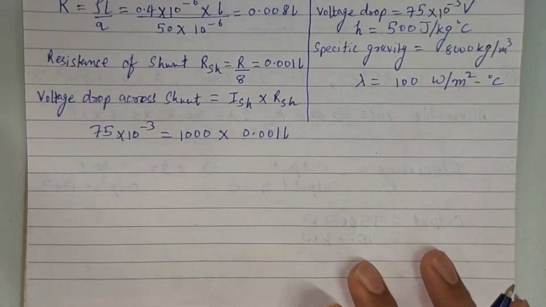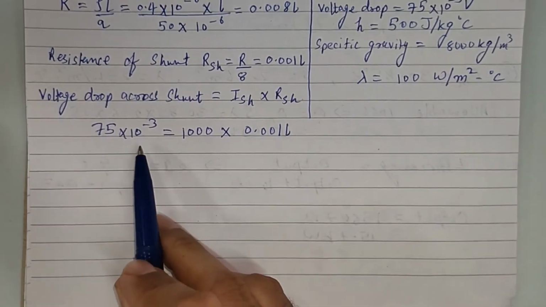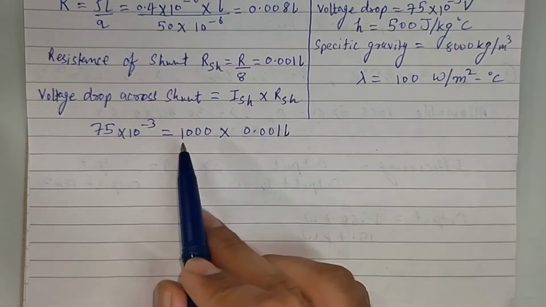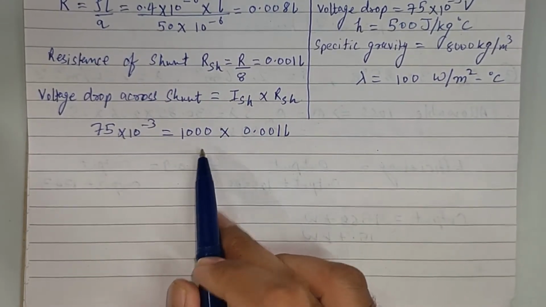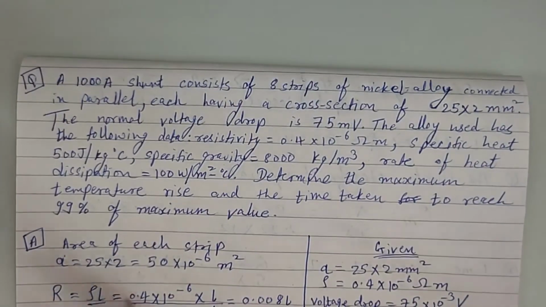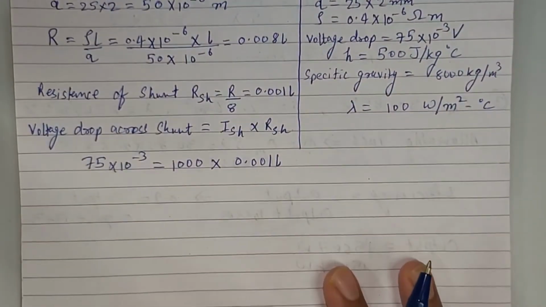So the voltage drop across shunt has been already given as 75 into 10 raised to minus 3. My ISH is 1000. Now the ISH is also given in the question. A 1000 ampere shunt consists of, so your ISH is 1000.